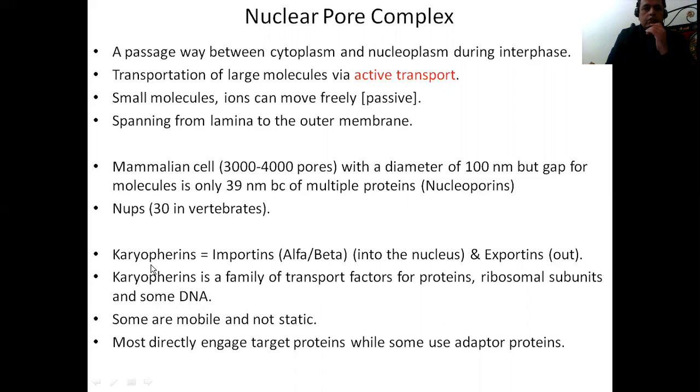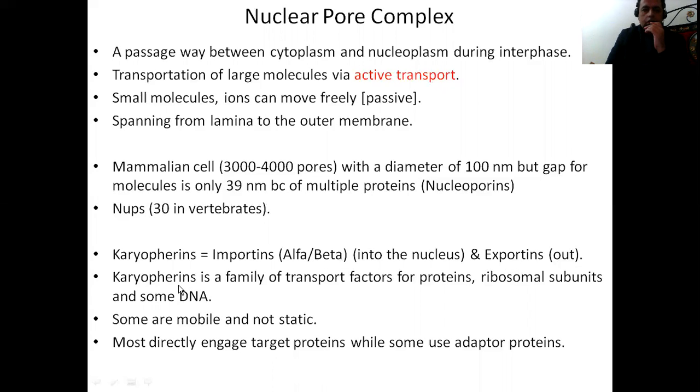So these proteins are also called karyopherins, and we divide karyopherins into two categories: importins and exportins. Importins are proteins which are required for importing substances into the nucleus, and there are two forms, alpha and beta forms of the importins. And exportins are proteins which are required for exporting substances from the nucleus into the cytoplasm.